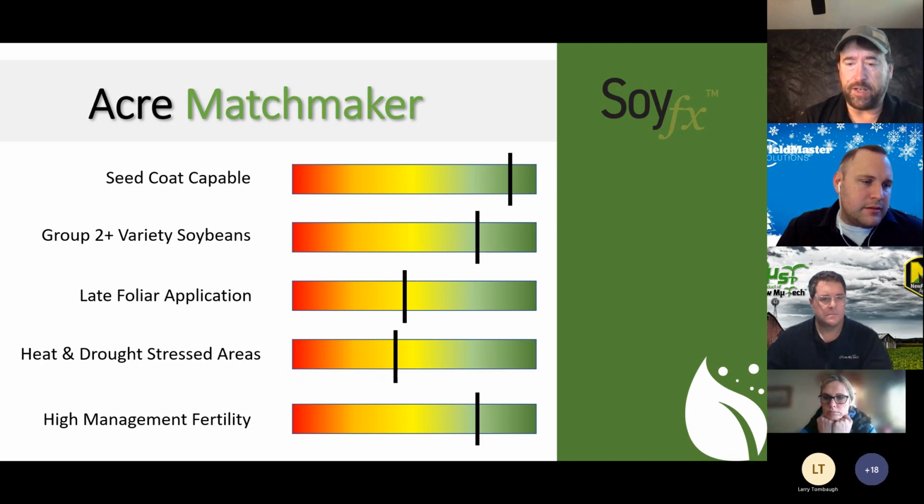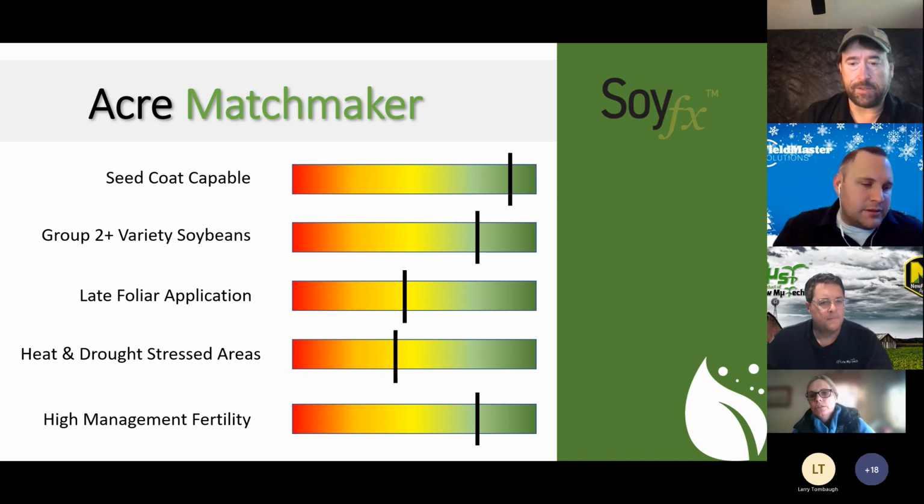Micronutrition late as a foliar. Mid-season foliar application, I've got one of my trials this year did an 18 on nitrogen as a foliar, and he had some absolutely spectacular results. I want to play with that a little more this year, though.